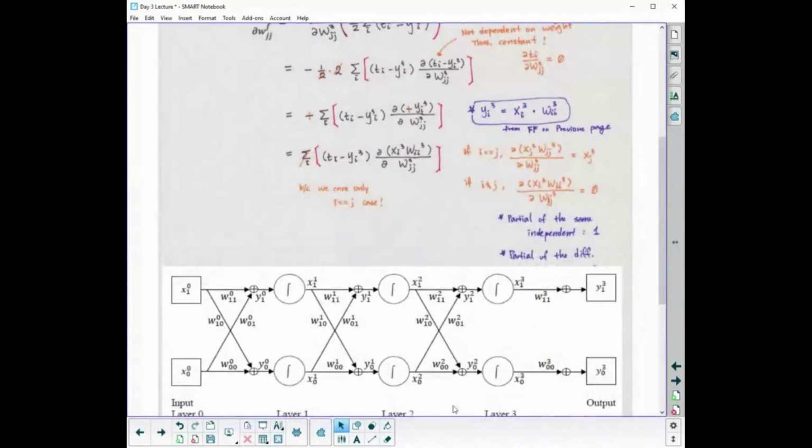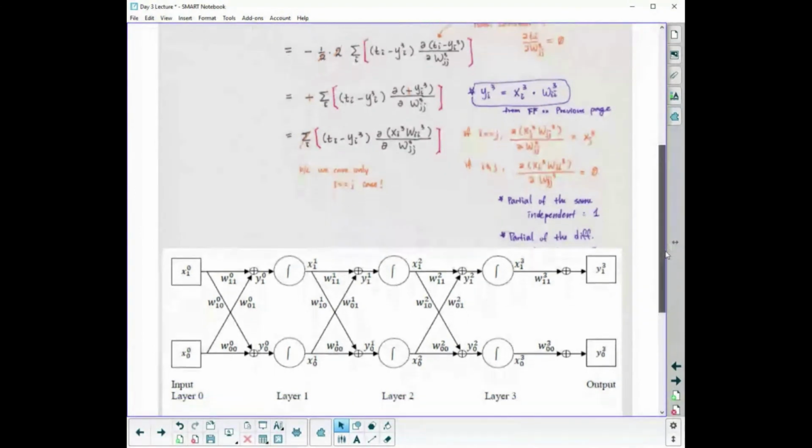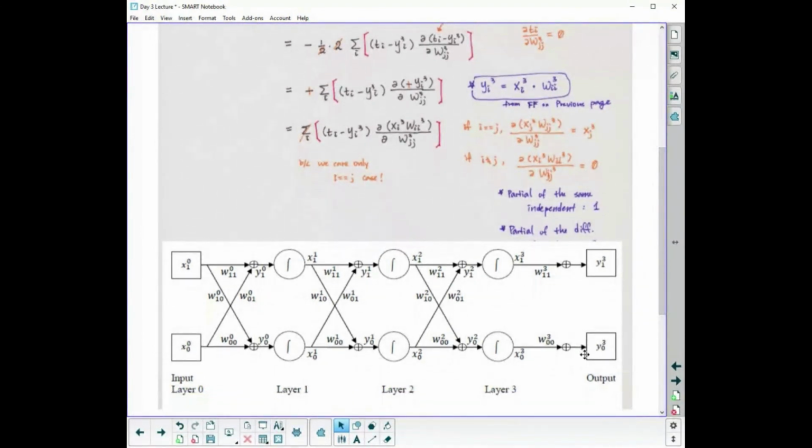then you can think about the situation. There are two things, but X1 and weight 1,1 are never related to X0 and weight 0,0. So only when the J value is equal to the I value are they dependent. Because of that, we can cancel out the sigma.